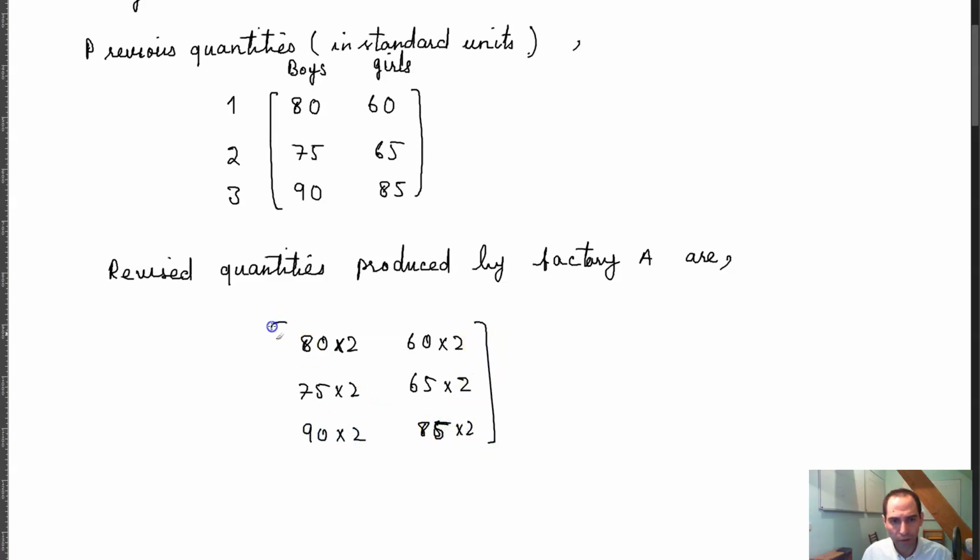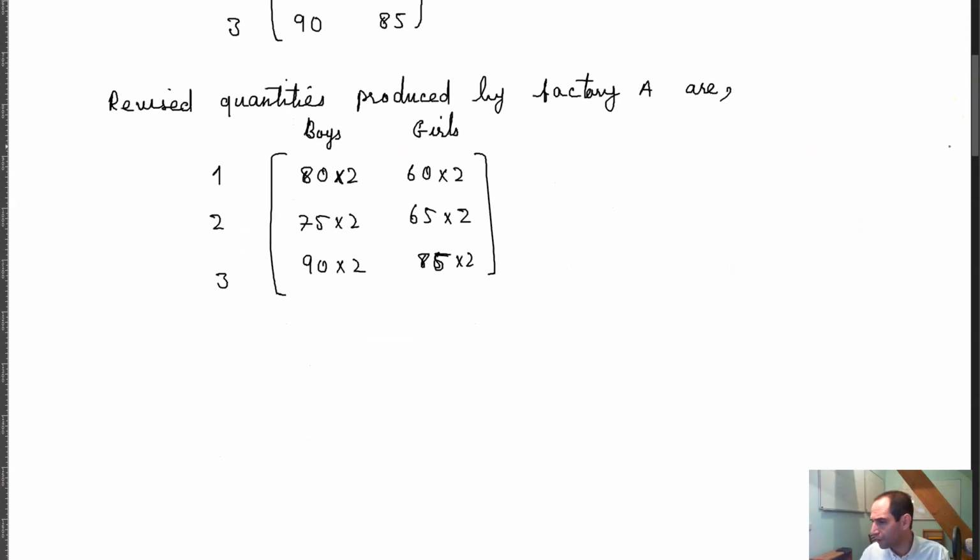And that becomes another matrix, with price category 1, 2, and 3, that is for boys, and that is for girls.